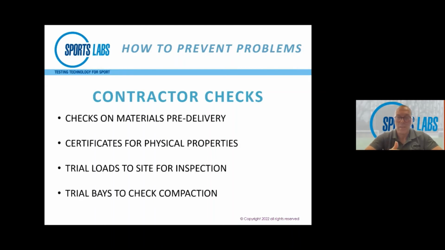It doesn't have to be tested independently. You can test it yourself with loads going over it, looking for movement or tracking, and using large tanks of water, we call them bowsers, to see if it's draining. But that's another area that can help to alleviate some of the problems that Mark's highlighted in his slide deck.